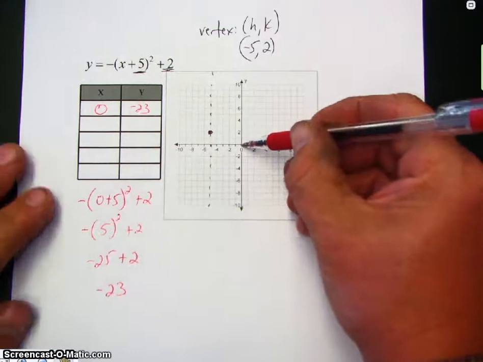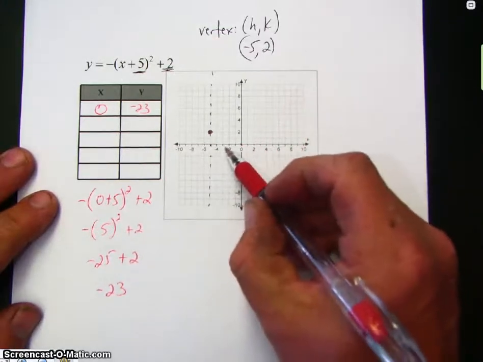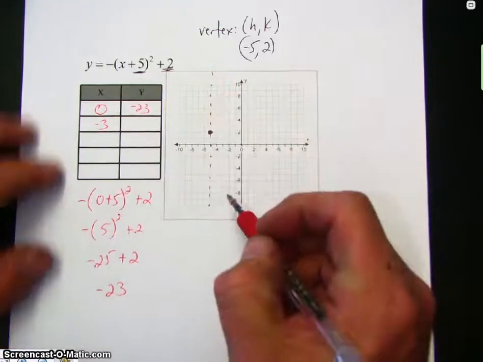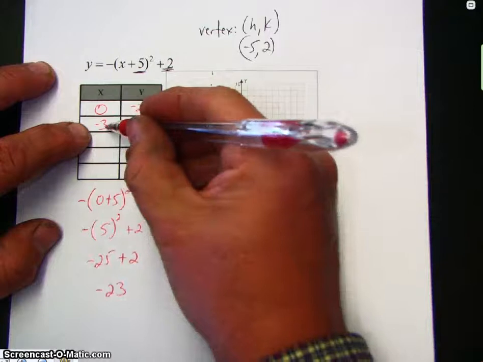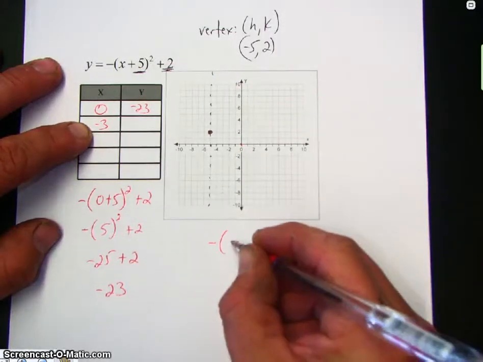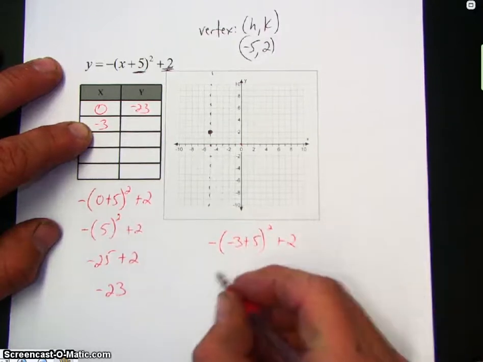Alright, so let's pick another point. Let's not pick 0, so let's pick something else. Let's pick, I don't know, -3. I keep picking points until I find one that falls within my graph. So -3. So we have -(-3 plus 5) squared plus 2.